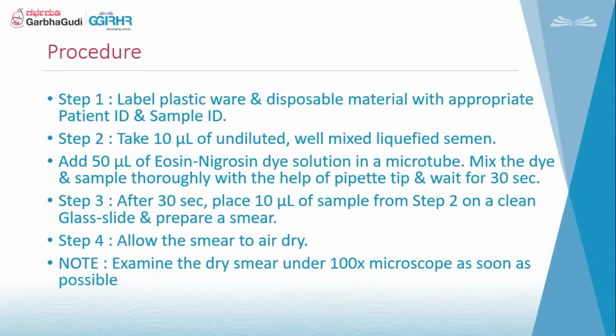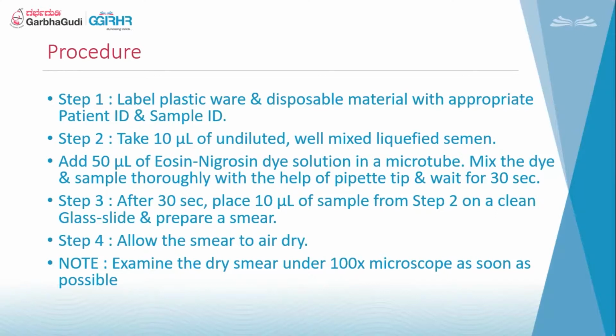So how is it done? We label all our plasticware and disposable material, then take 10 microliter of undiluted, well mixed, liquefied semen. Then we add 50 microliter of EOSIN NIGROSIN dye to the microtube and mix it.